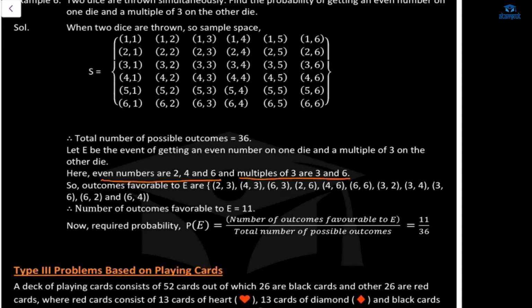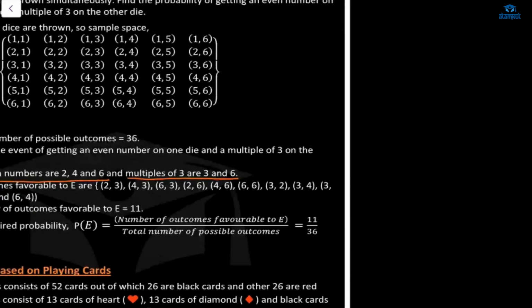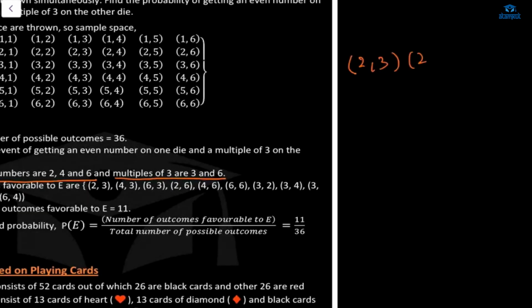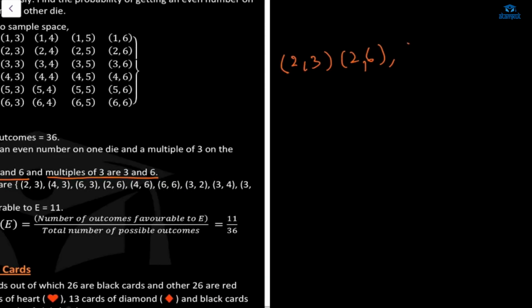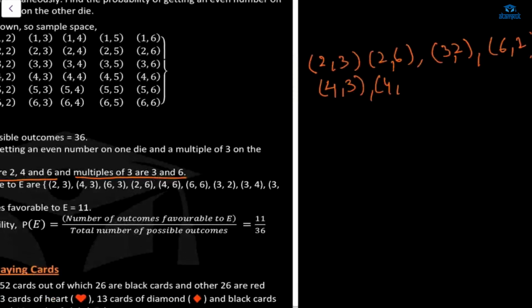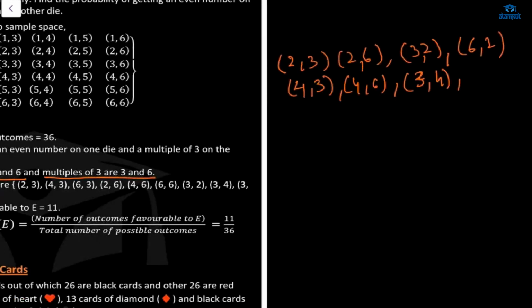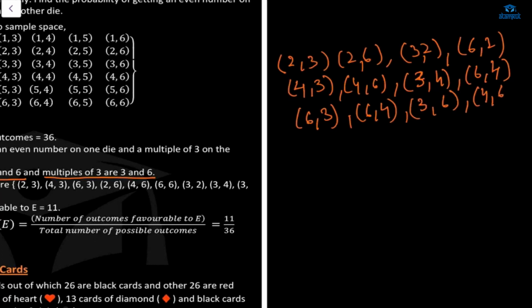So you can have (2,3), (2,6), and then (3,2), (6,2). Similarly, (4,3), (4,6), (3,4), (6,4), and then (6,3), (6,4), and (3,6), (4,6). So these will be the process.